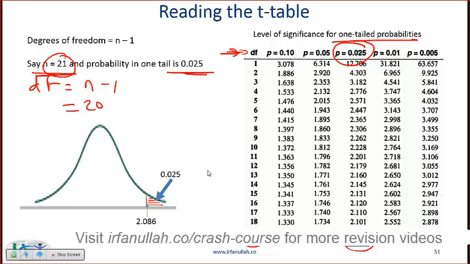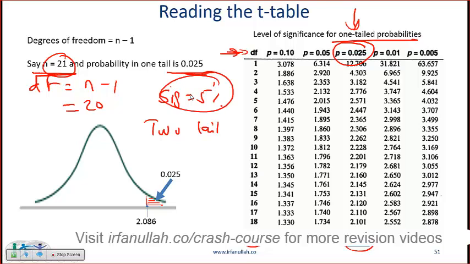What if you were given the following? What if you were told that you are doing a two-tailed test, and on a two-tailed test the significance is 5%, and then the table you are given is this? This gets some people confused. If you are doing a two-tailed test and the significance is 5%, that means the 5% is divided between the two tails.